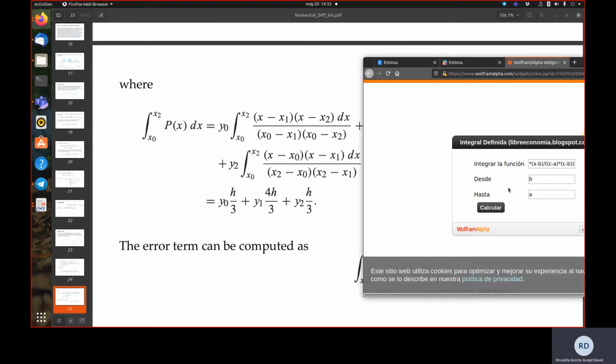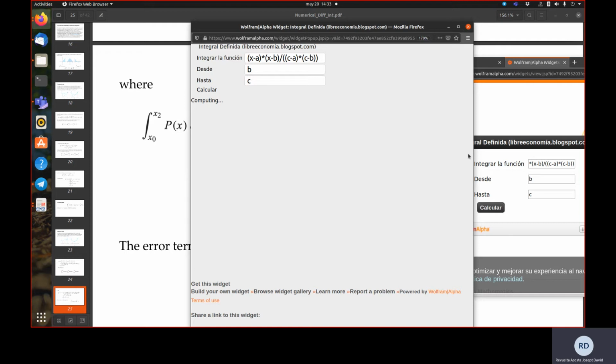Then we have this one, and the integration is going to go from b to c, and you can calculate it.